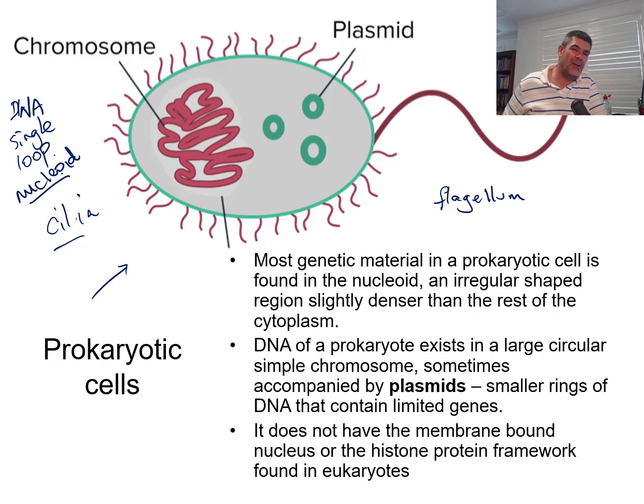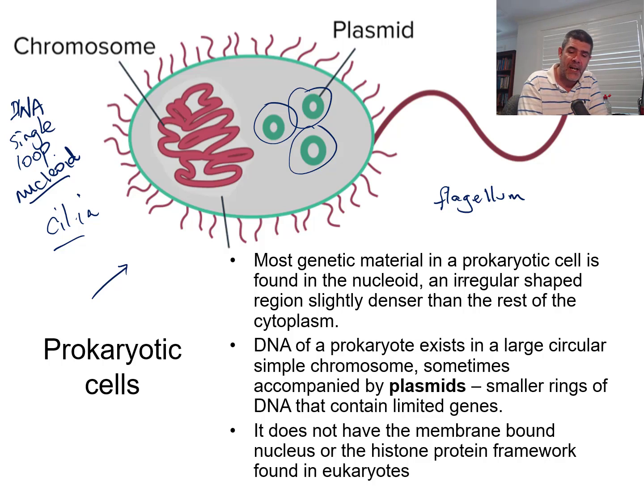Try and avoid using words that are reminiscent of a eukaryotic organization. But if you think about the fact that the chromosome is very simple, it's kind of looped together inside, and there can be these smaller circular pieces of DNA called plasmids, which I talked about on the previous slide. And that's pretty much the organization of genetic material inside of the prokaryotic cell.